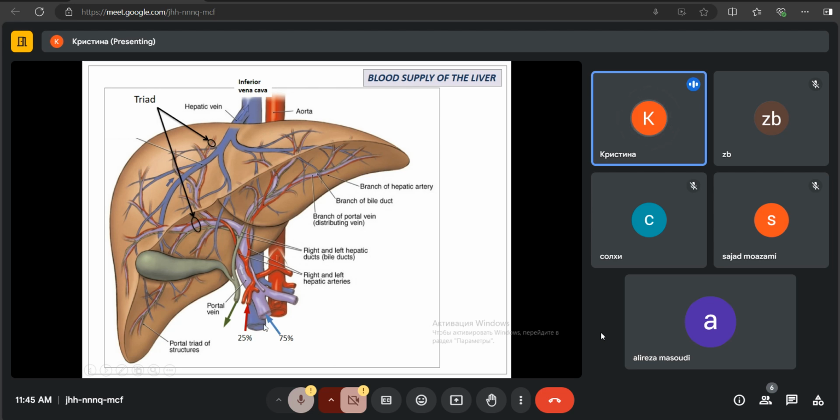So, why so? The arterial blood brings here oxygen. It is oxygenated, but the venous blood, which comes through the portal vein, brings here the blood which was collected from the intestines, from the gastrointestinal tract.